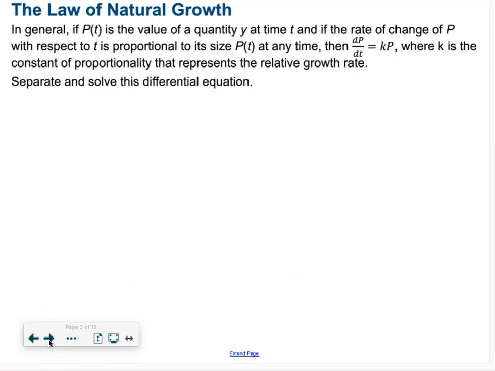All right. So before we start in with logistic growth, we're just going to review for a moment regular exponential growth. So traditionally, exponential population growth has followed the differential equation model dP/dt equals kP.